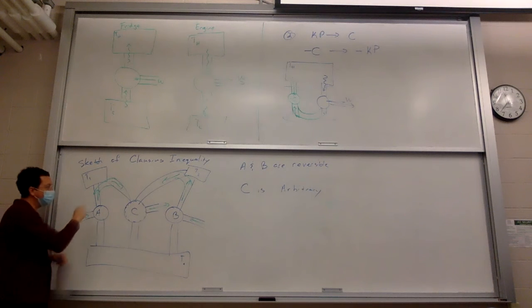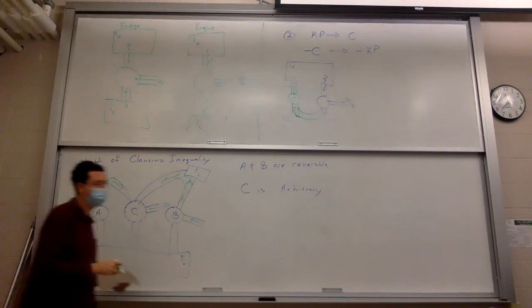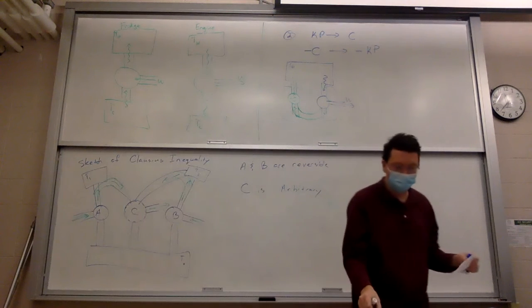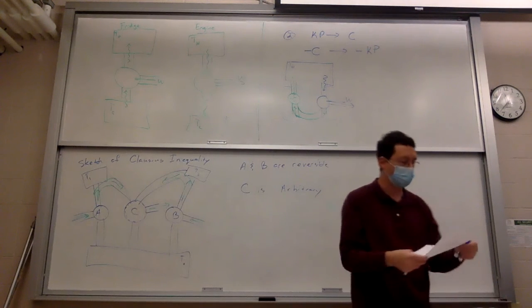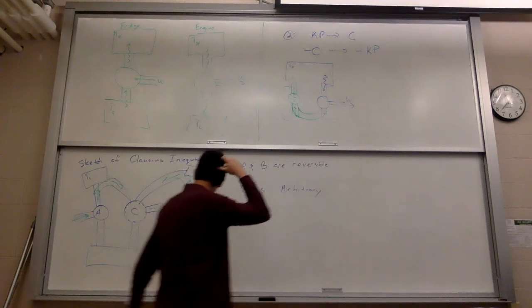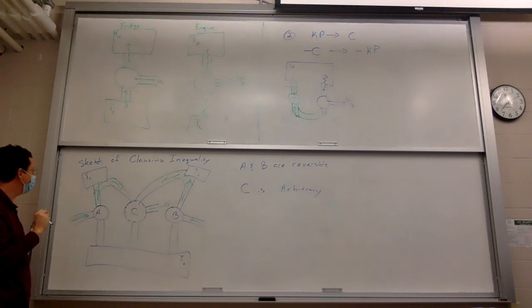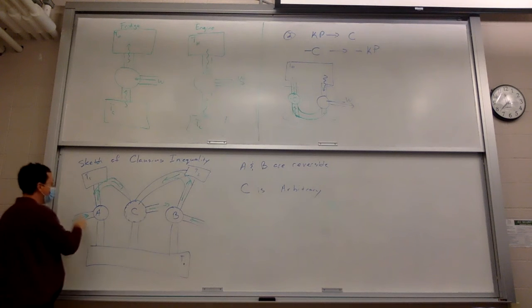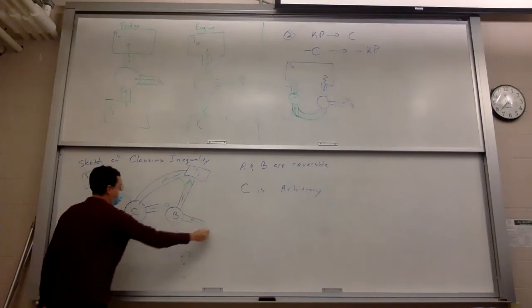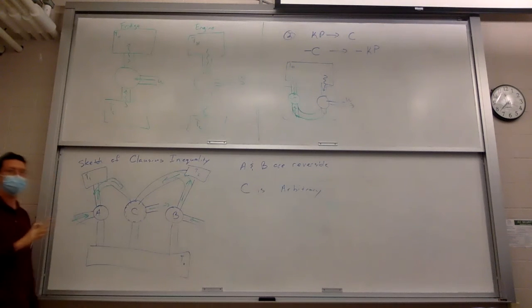Right? So what you're going to have to do, you've got to write it all down as a series of conditions, just to make sure that when you add up all the work, it is negative. You're saying the work coming out of C has got to be less than what we put in. I'm saying that if I view this as one giant thing, the total work has to be negative.